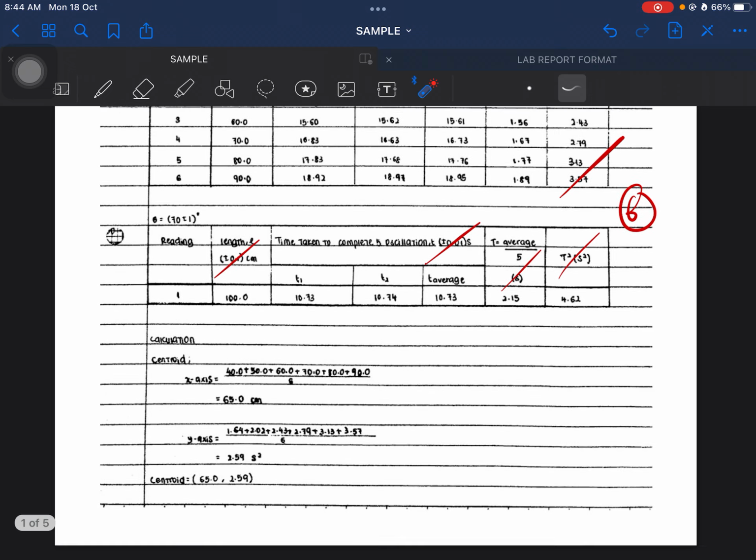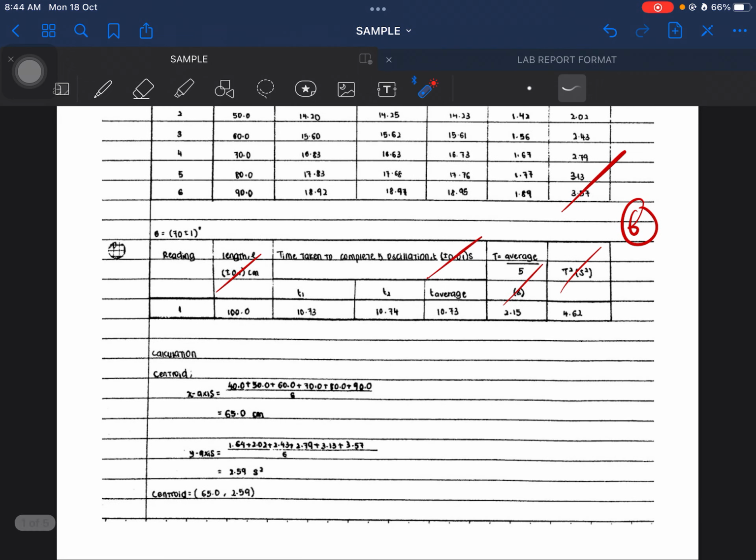Moving on to the calculation part, which is 10 marks. We have to look at whether this person has correctly calculated the centroid. The centroid is this one, so 65 and 2.59. Usually I would calculate it with a calculator, but I can't find my calculator. If it is correct, I will give marks for the centroid.